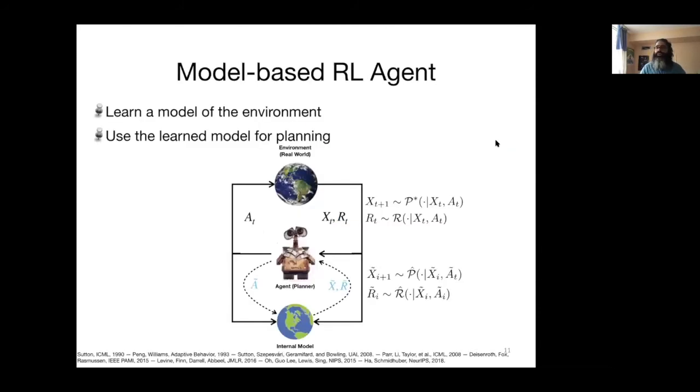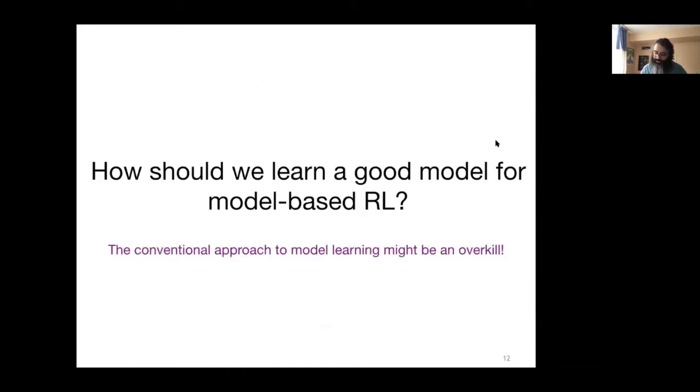Okay, so I go back to one of the first slides. Now what I'm going to focus on is the question of how we should learn a model for the task of planning. Basically, how should we learn a model that is good for model-based RL?